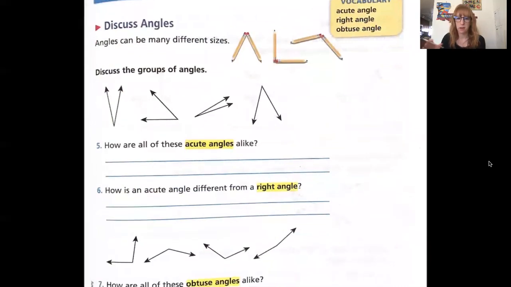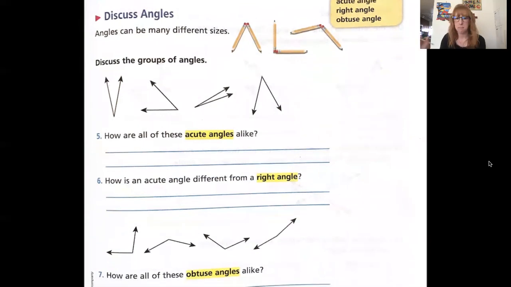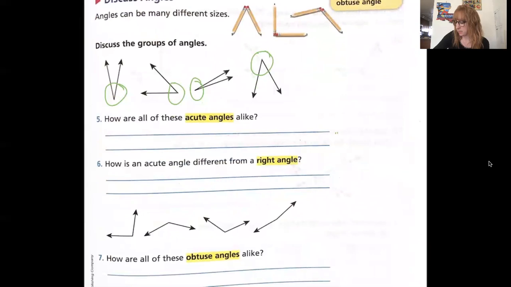Now, when we're talking about classifying angles and their sides, we look at the measure of the angles. So from yesterday's intro, we talked about acute angles, right? And all acute angles are less than 90 degrees. So that's how all of these acute angles are alike. They are less than 90 degrees.